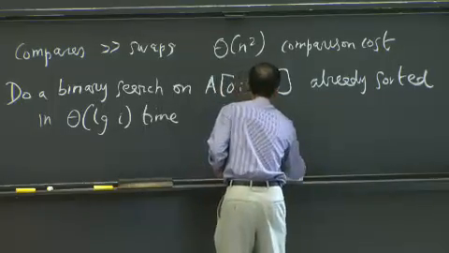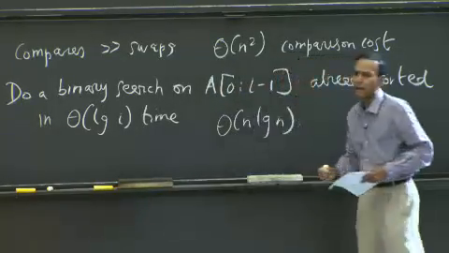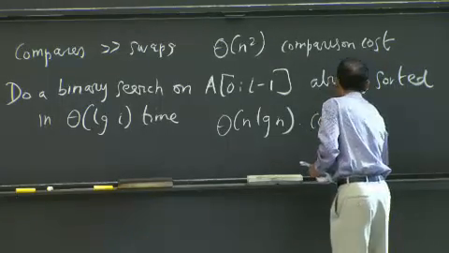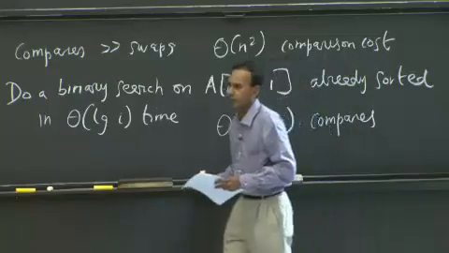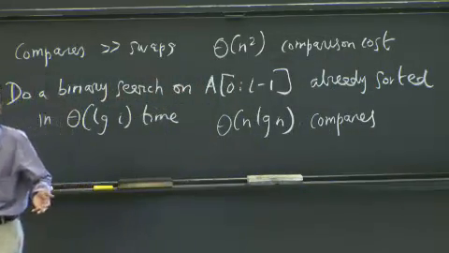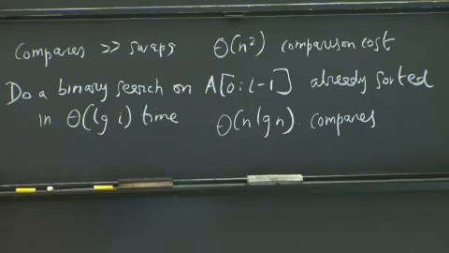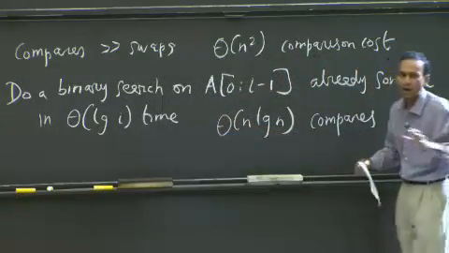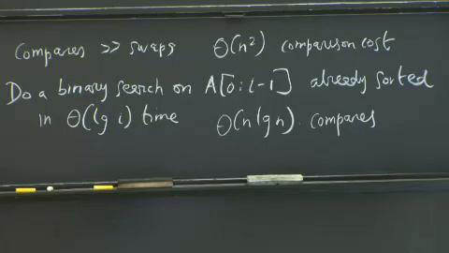But okay, now why can't I say theta n log n in terms of everything? Does this help the swaps for an array data structure? No, because binary search will require insertion into a of 0 through i minus 1, right? So here's the problem. Why don't we have a full-fledged theta n log n algorithm regardless of the cost of compares or swaps?